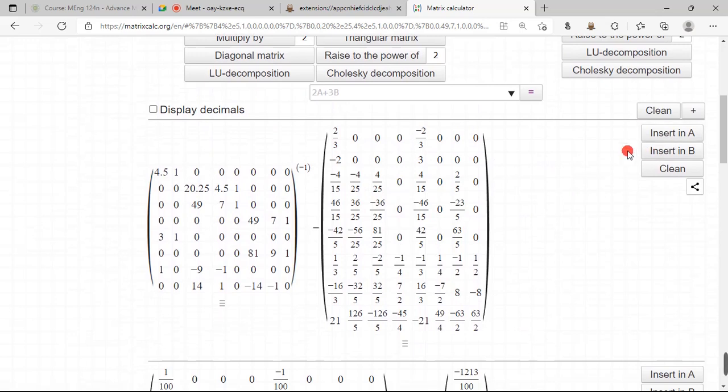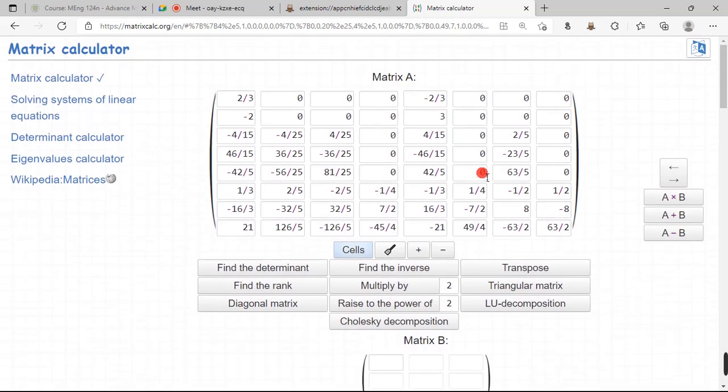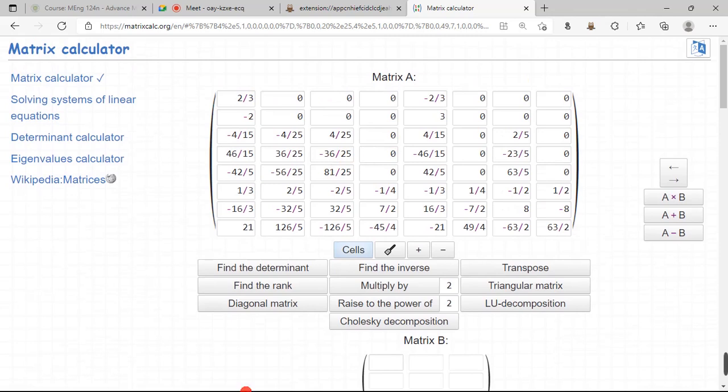I-insert nato ni A. Okay, na-follow ninyo? So, press insert A. And then, na-insert na. So, nakita ninyo, class? Okay, so i-insert A ha. So, nausab na ang matrix A.